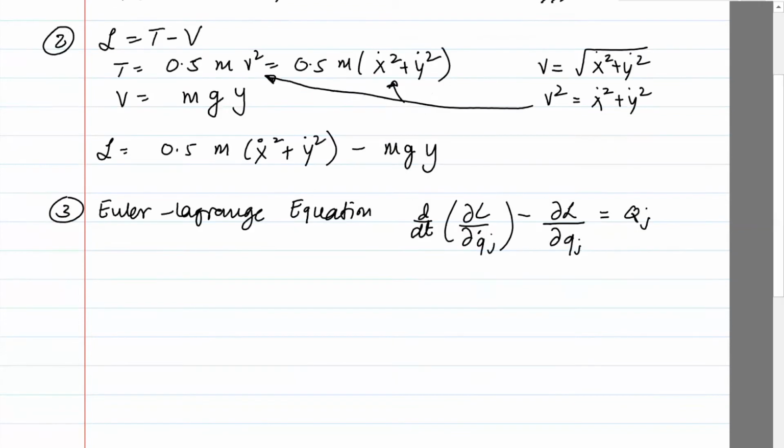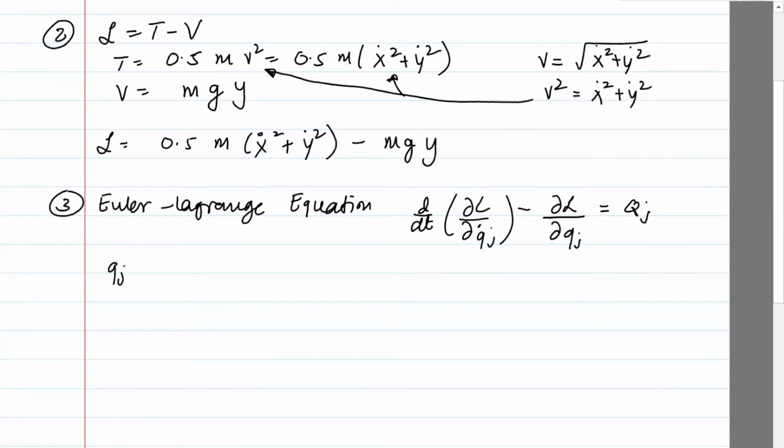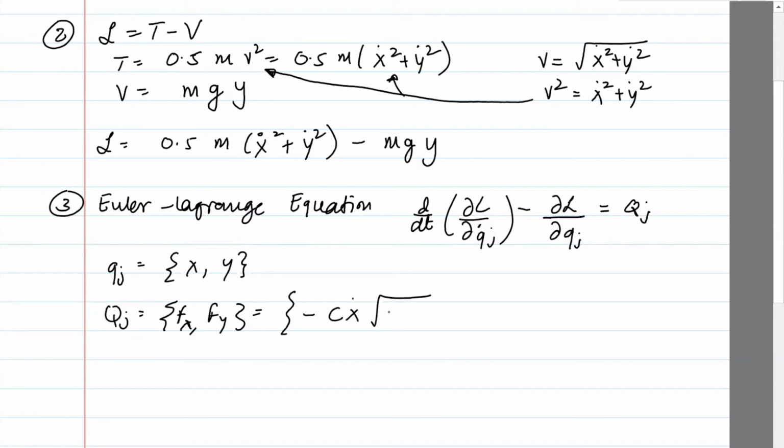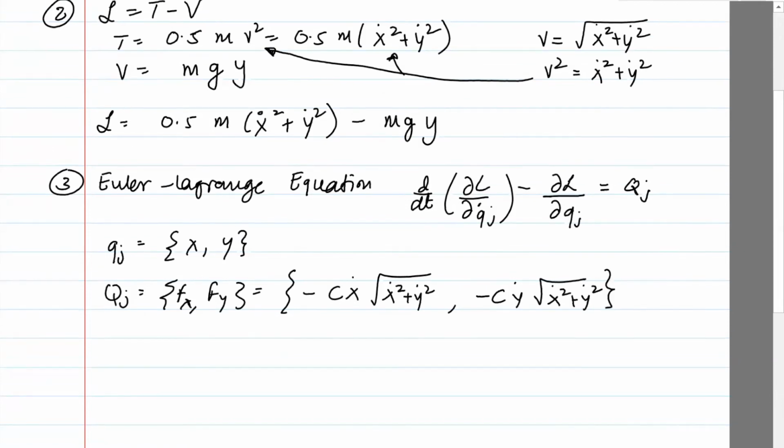Okay, in this case, q is going to be two variables, x and y, and Q_j is all the external forces, which is going to be F_x, F_y, which we wrote down earlier as -c times ẋ √(ẋ² + ẏ²), and -c ẏ √(ẋ² + ẏ²). I'm just writing down the force in the x and y direction, which I wrote down in the previous page.